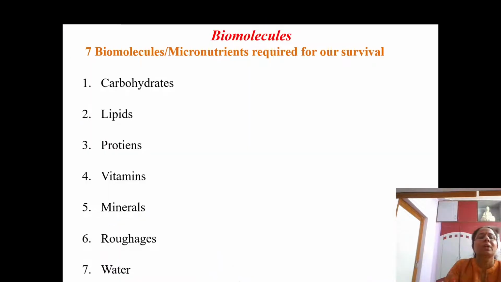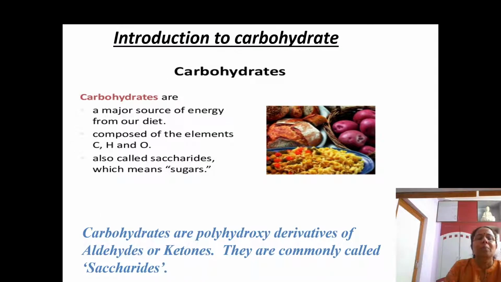Now, see, there are different types of biomolecules we come across. They may be carbohydrates, lipids, proteins, vitamins, minerals, chlorophyll, water, etc. So, before I come to carbohydrate metabolism, whatever food we take in different forms, it may be a carbohydrate, a protein, or a fatty acid.